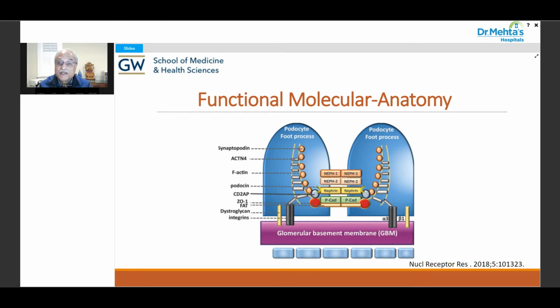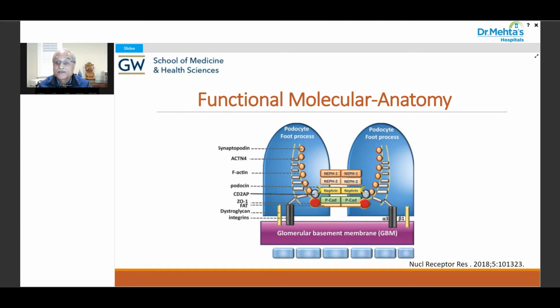And it's not just the anchoring process. They also communicate with the interior cytoskeletal structures, actin, via different receptors. One protein that is completely intracellular is podocin.